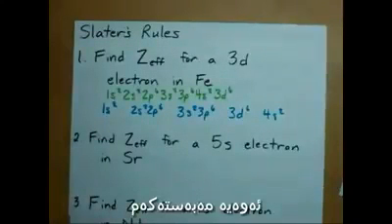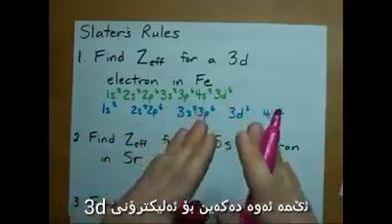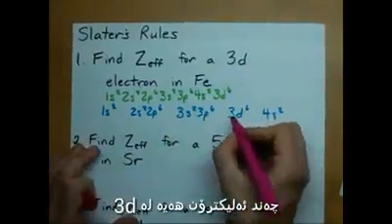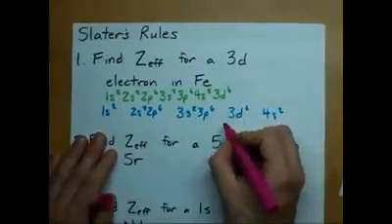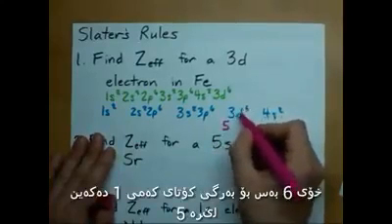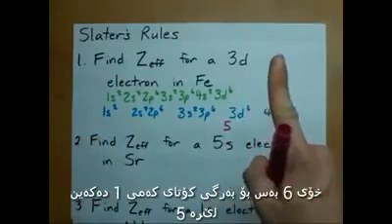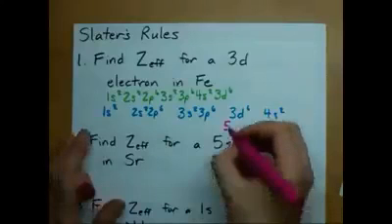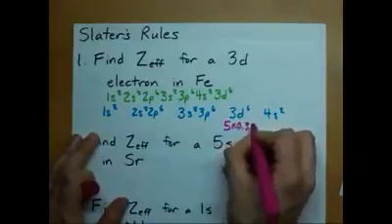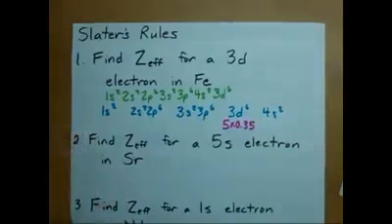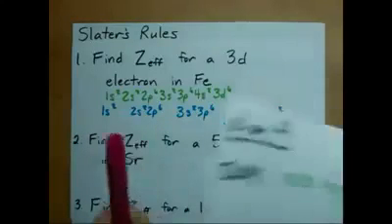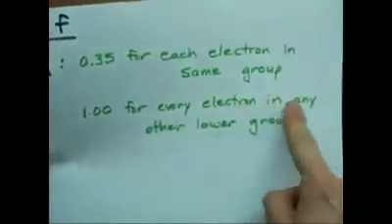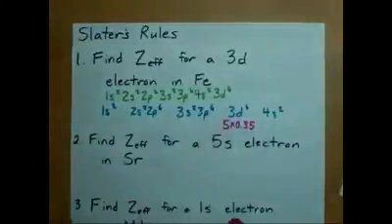Here's what I mean. We're doing it for a 3d electron. How many other electrons are in 3d? 5 of them. There are 6 total, and we're doing this for one of them. There are 5 other electrons. We deduct 0.35 for every single one of those. And we deduct 1 for every electron in any other lower group.